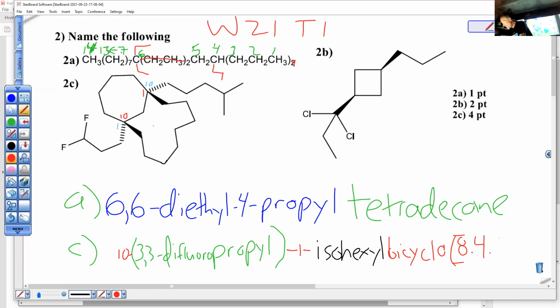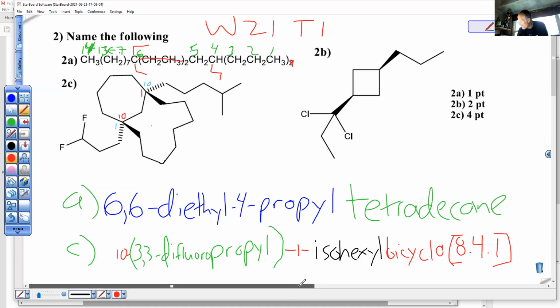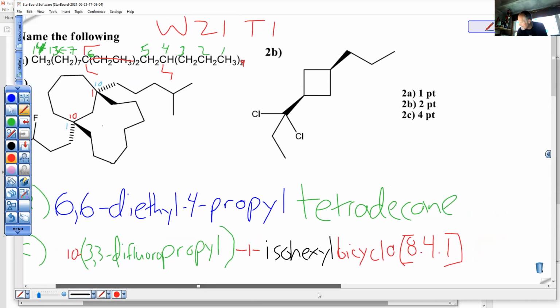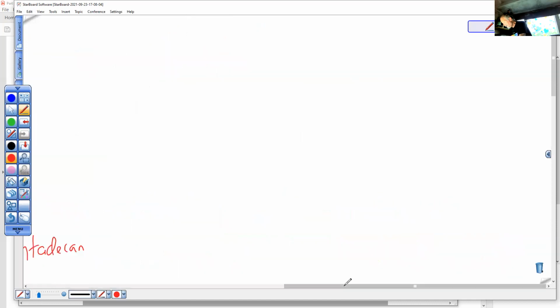And going through the middle 1, notice the numbers are always in descending order. Largest, middle, small. And 8 plus 4 plus 1 plus the 2 dots is 15, pentadecane. That saves you from counting the rest of the carbons. I mean, you can verify it if you want.